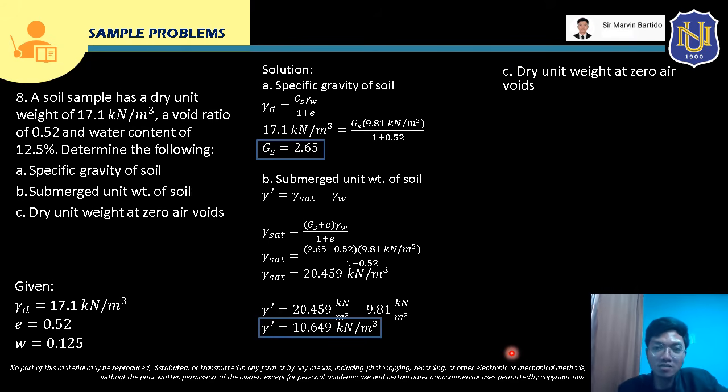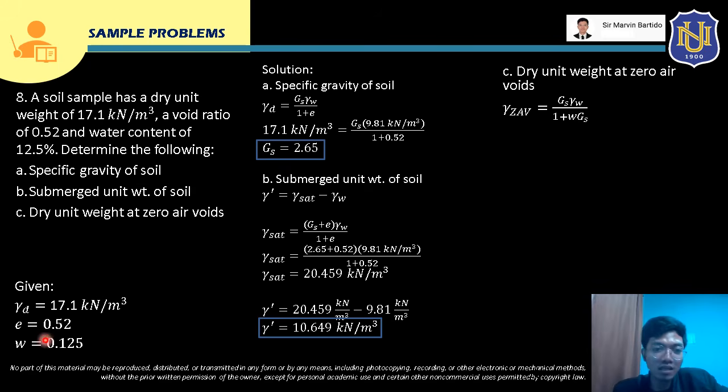Now, for letter C, this is the dry unit weight at zero air voids. We already derived the formula for the unit weight at zero air voids. This is G sub S, and we have that. Gamma water, we have that.